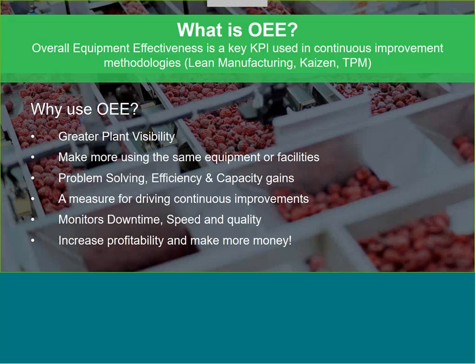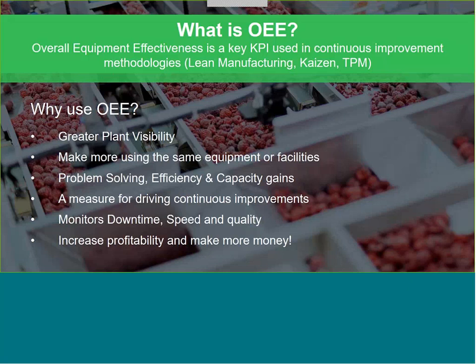Where you're using the same equipment, it helps you to make more for less, or make the same in less time, which is hugely beneficial if you've already reached maximum capacity on your production lines. It helps you find that hidden capacity.